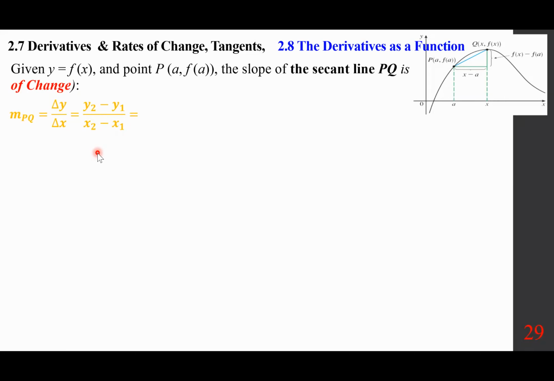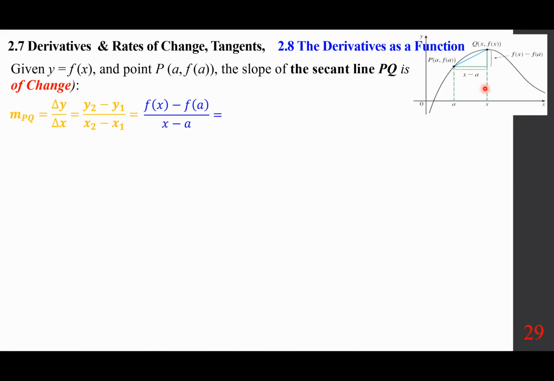So if you are dealing with a function and pick two points, connect them, and draw a line, that line is called a secant line, and this is the slope of that secant line. Now, this is one way to discuss that, as we have seen it in elementary algebra.